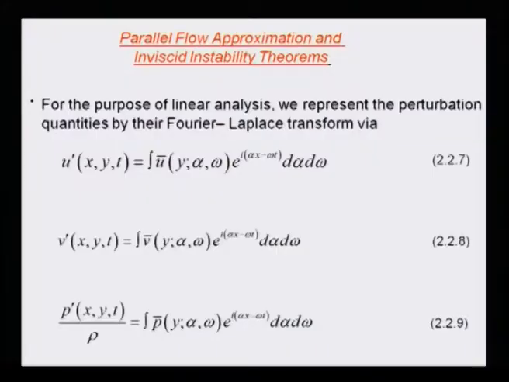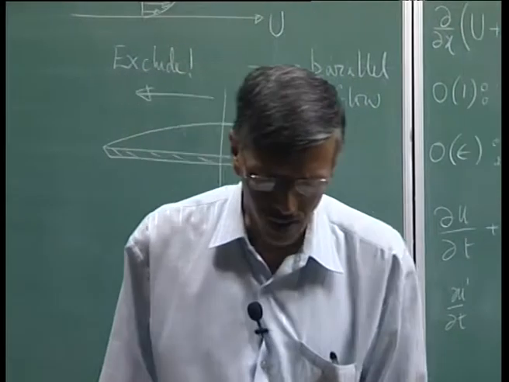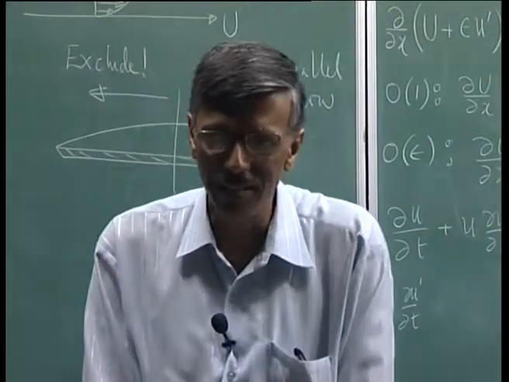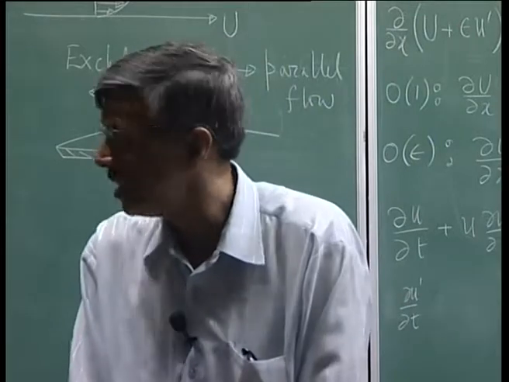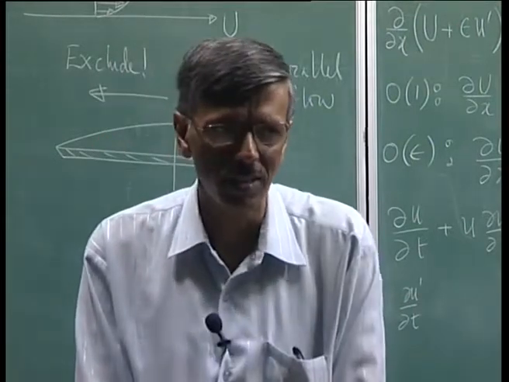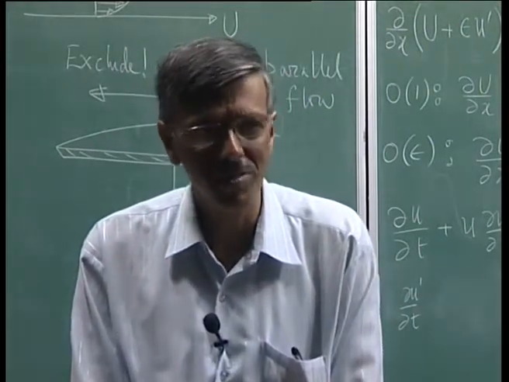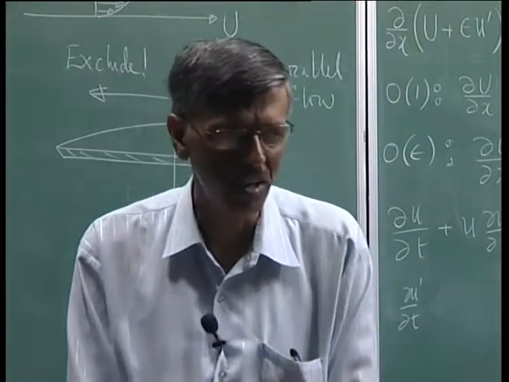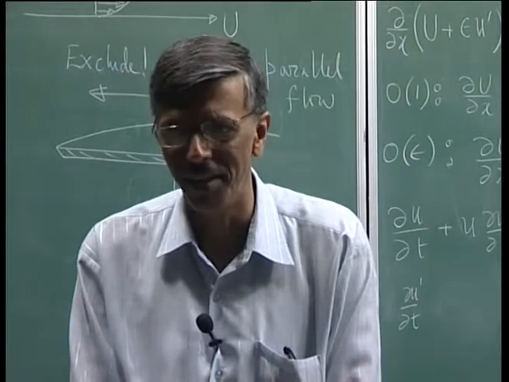Please do understand that we are talking about the most general space time variation, and this course is somewhat special in the sense that when we do such a Fourier Laplace integral, it is somewhat different than what you may have done in your maths course. There you will always take alpha as real, omega as real. Why?